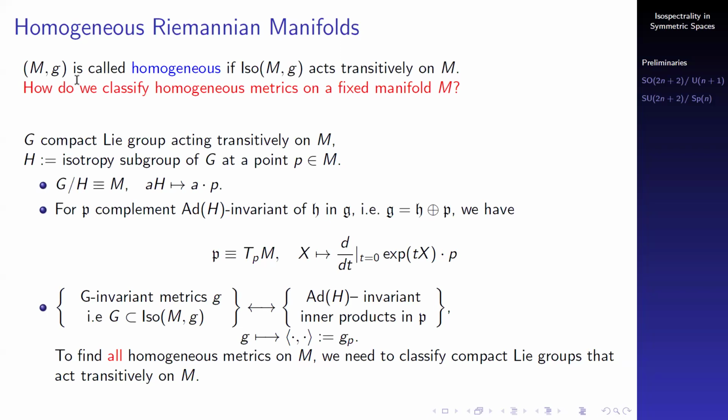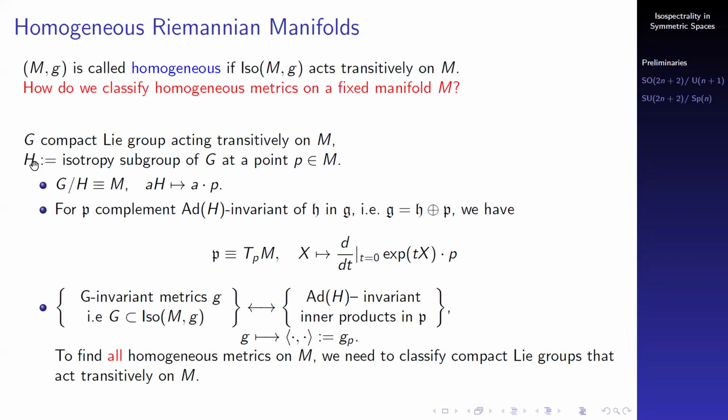So we want to study homogeneous metrics on a manifold. How do we classify homogeneous metrics on a fixed manifold? The usual way is the following. We take a compact Lie group G acting transitively on M, and we take H to be the isotropy group of G at the point p.